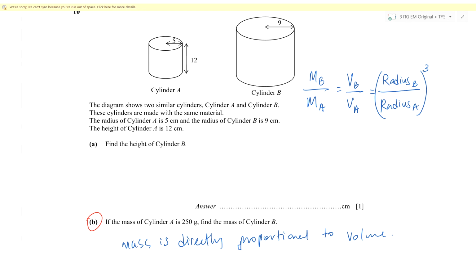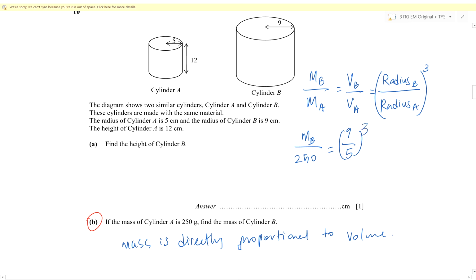This is the relationship that we need. Substituting all the information we have, mass of A 250 grams, so mass of B over 250 equals to radius B 9 over 5 power 3. And from here you go on to solve.